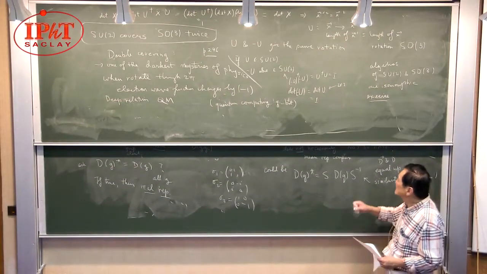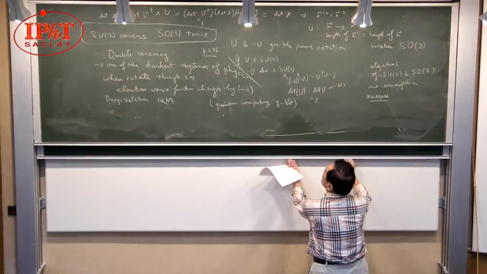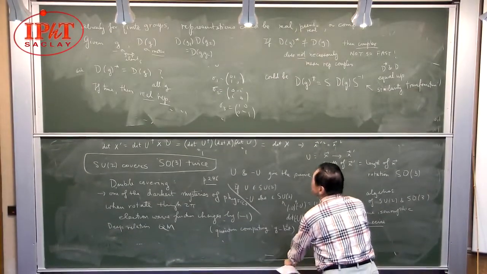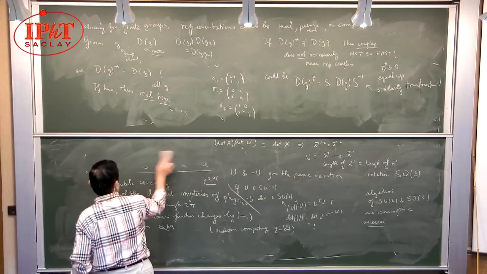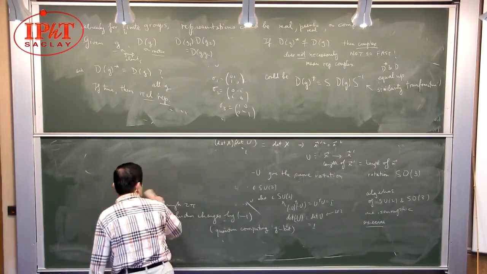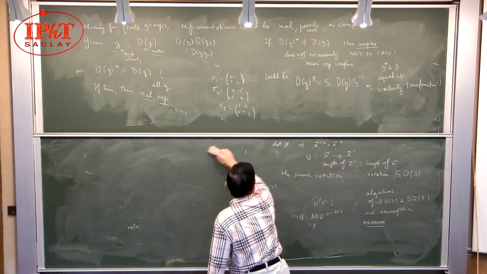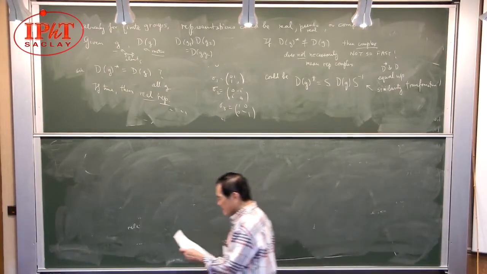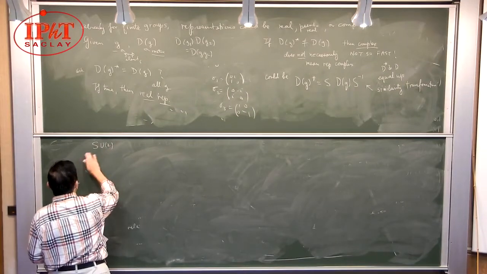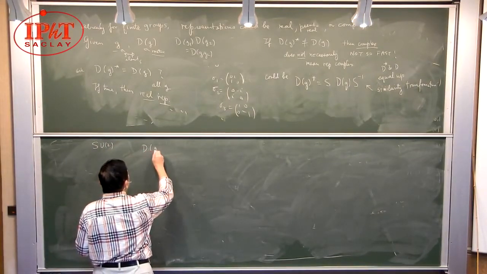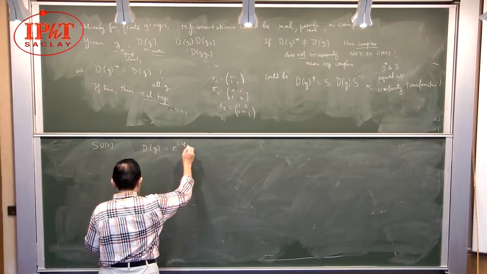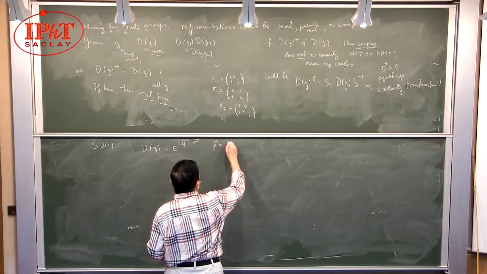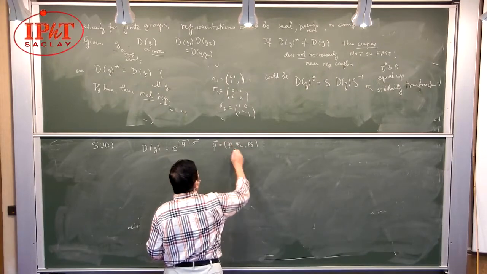Okay? So now we can go to SU2 again. In SU2, the representations of the group elements are given by e to the i phi dot sigma, where phi 1, phi 2, phi 3 are three real parameters.